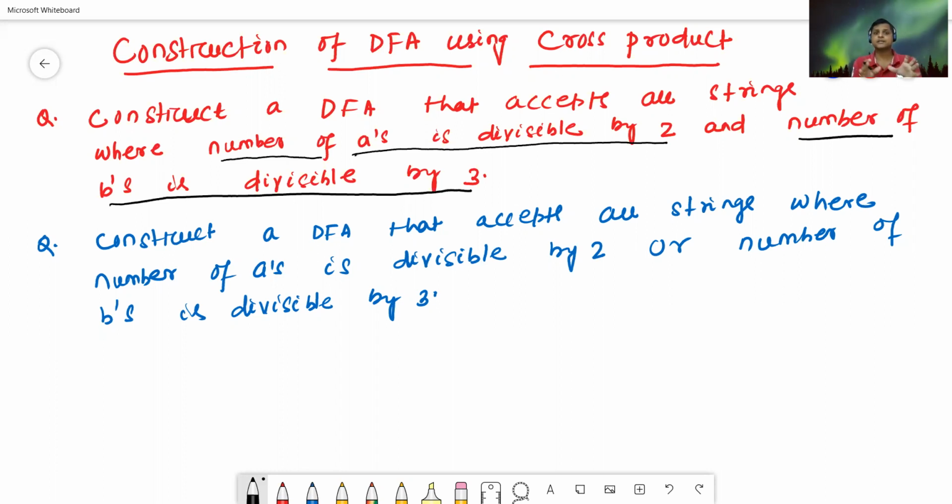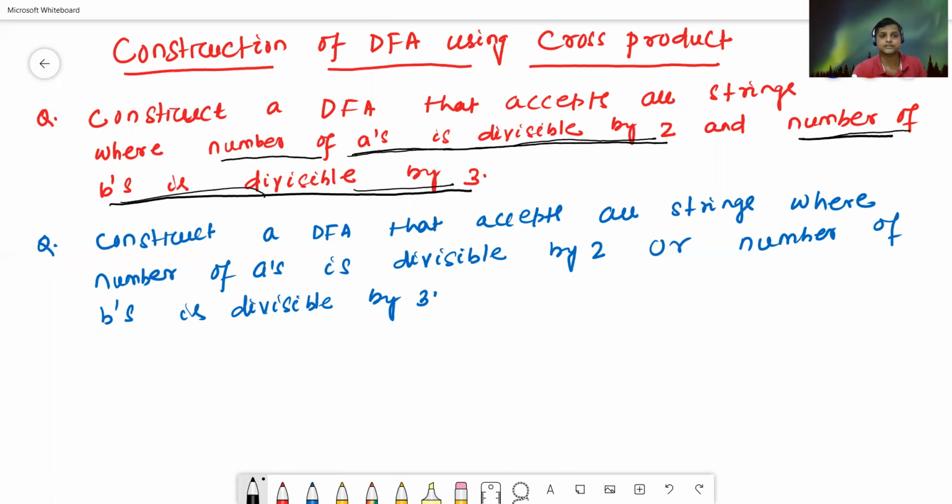But in this case we will construct for both cases, that is, the number of A is divisible by 2 and the number of B is divisible by 3.